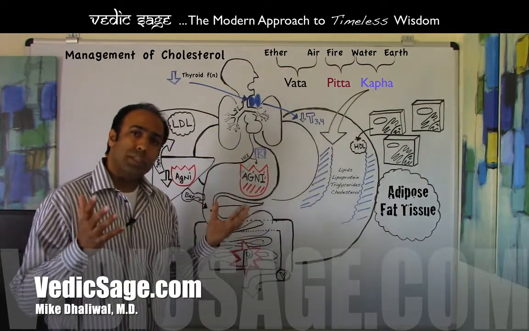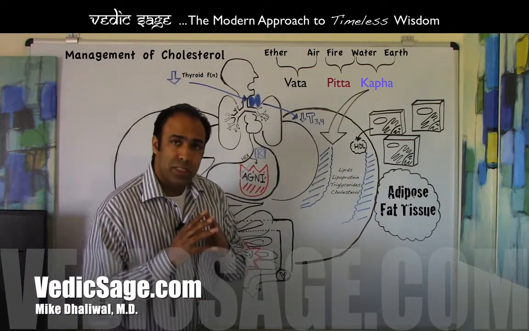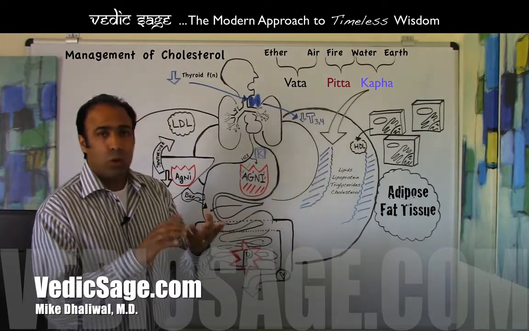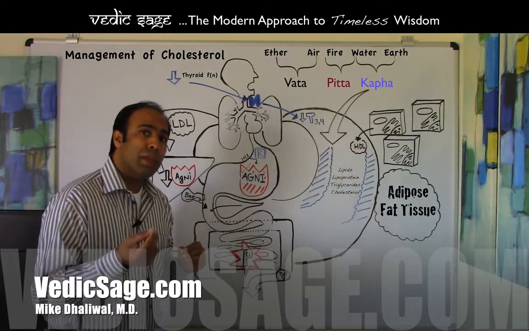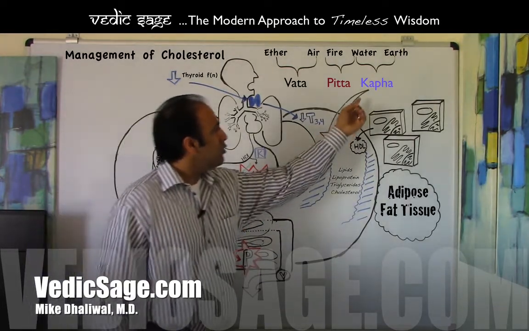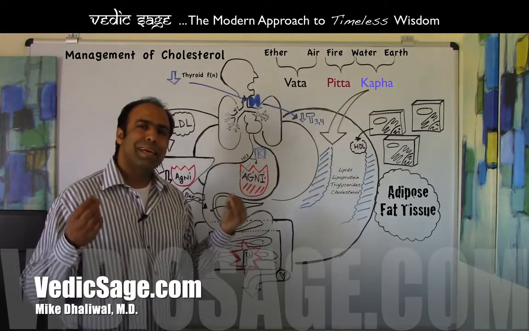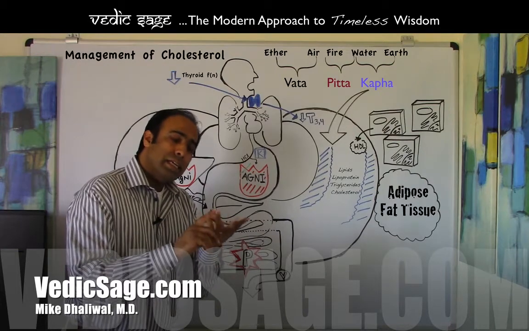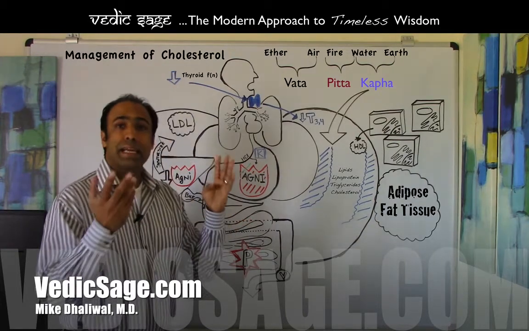So Kapha dosha, as we know, has the elements of water and earth with the qualities of heavy, dense, cold, oily, liquid, and dull. And it's these qualities that beautifully express these fatty-like substances within the blood, be it the lipids, lipoproteins, triglycerides, and cholesterol.